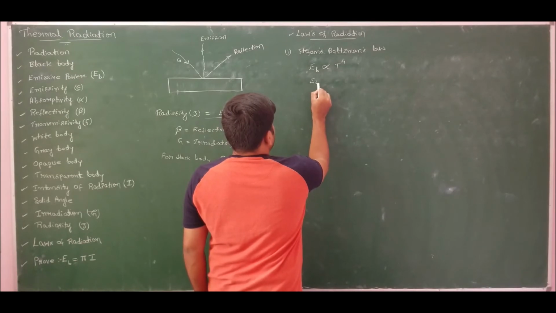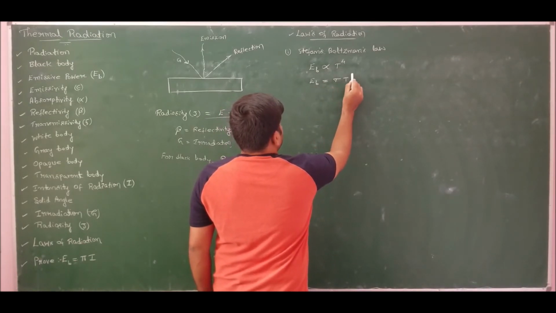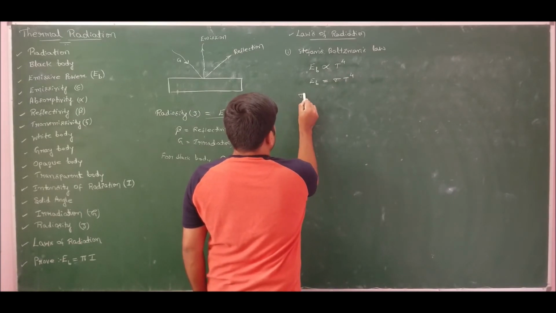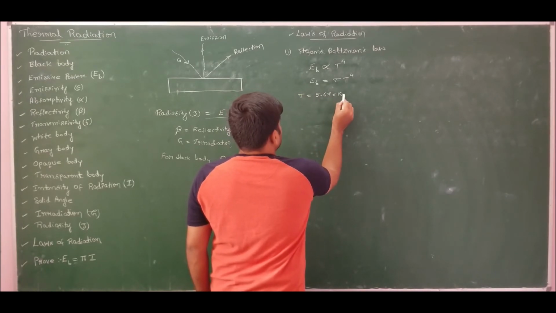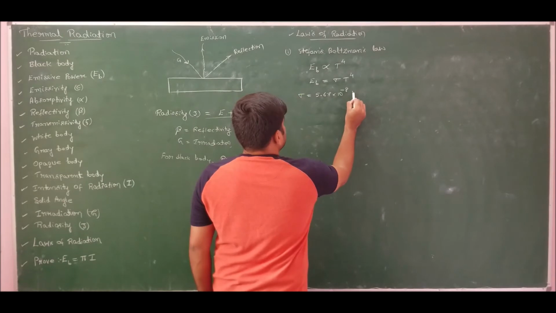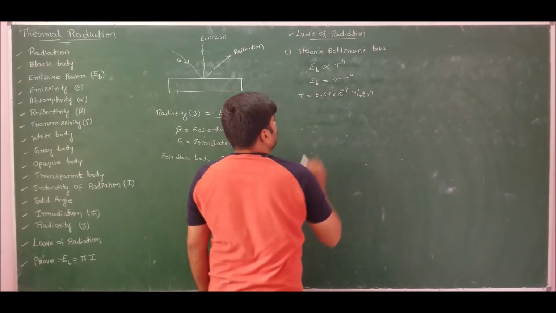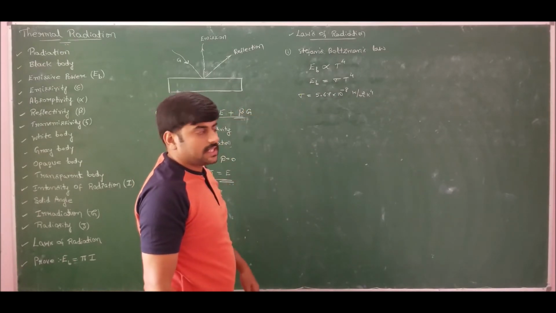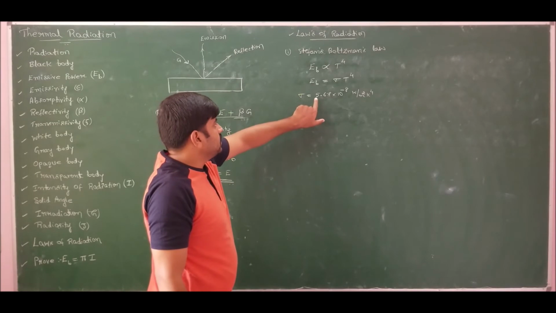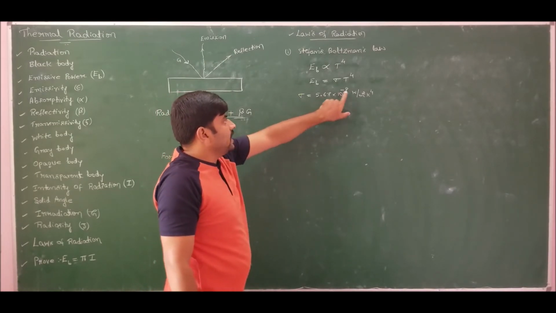So therefore, emissive power of a black body is equal to proportionality constant sigma times T to the power of 4, where sigma is nothing but Stefan-Boltzmann's constant, which is given by 5.67 into 10 to the power of minus 8 watt per meter square Kelvin to the power of 4. So this is Stefan-Boltzmann's constant, which we can easily remember as 5.67. So you should know where to put the point and the negative sign.